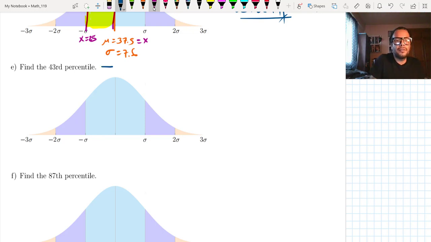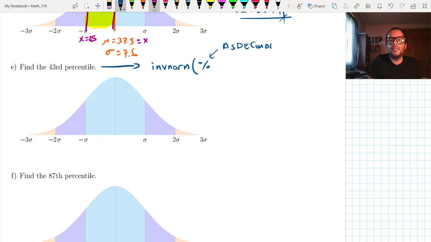We are going to use the inv-norm, and the arguments are going to be the percentile as decimal, comma, the mean, and the standard deviation. Okay, let's see how that works on the graphing calculator.